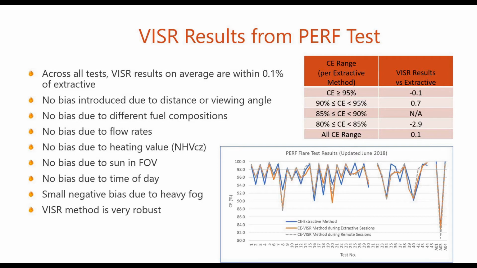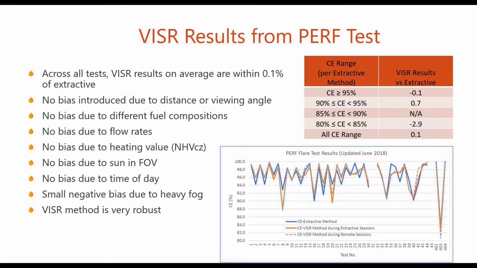But if your combustion efficiency is down at 80%, you have some significant issues with the performance of your flare, and the accuracy is not as critical. We can't tell from this VISR test which method is diverging here, because when the flare is not burning very well, where you extract a sample with your extractive system is going to have a profound effect on the combustion efficiency number you get from the extractive result too.